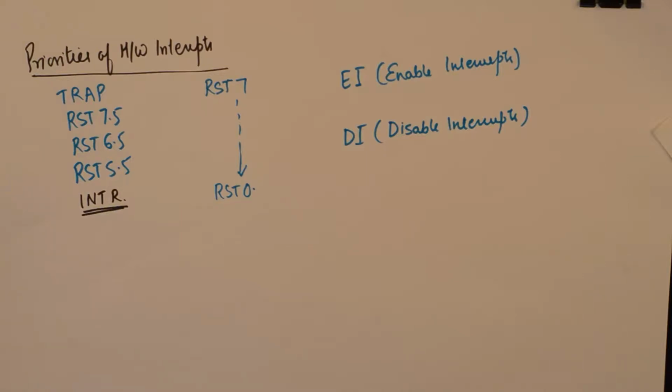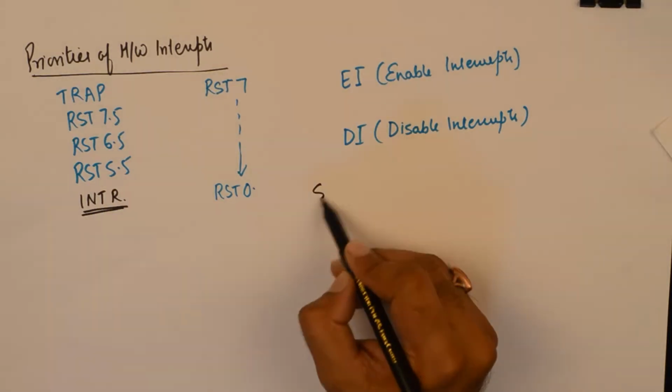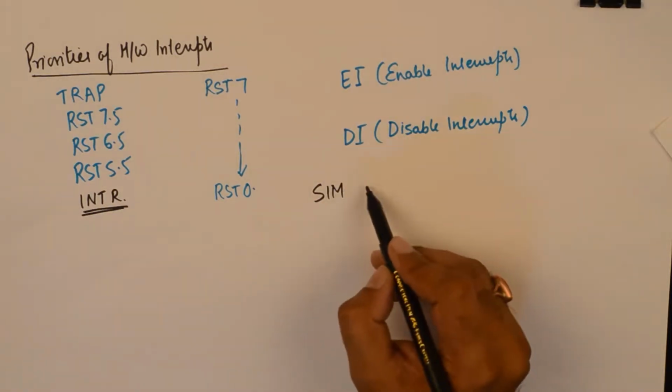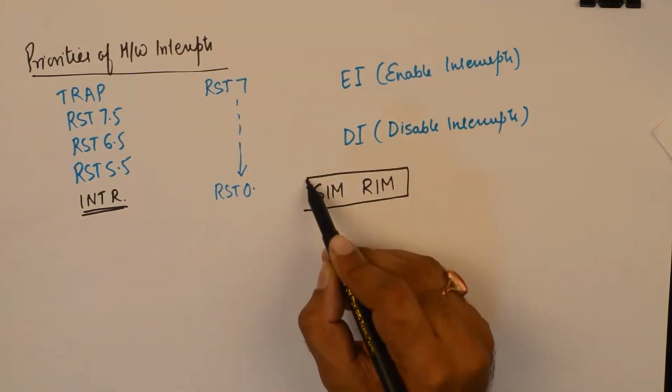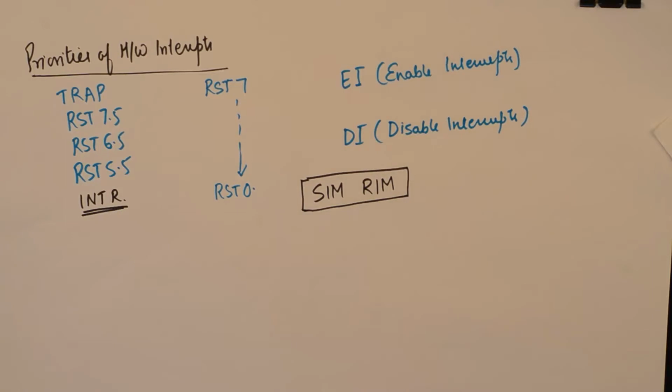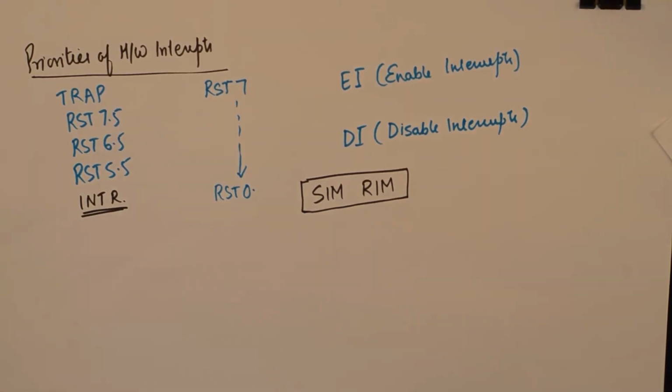We can change the priorities and so on and so forth, having more control over the interrupt structure using SIM and RIM commands. So I'll talk about that in another lecture, but that's about it for today's lecture. Super introductory but super important.